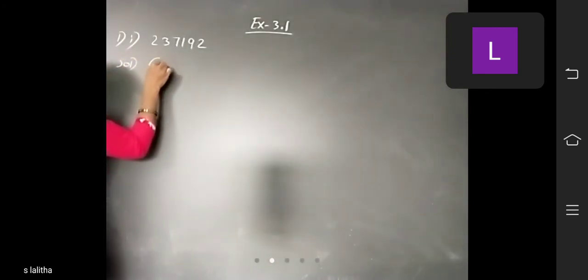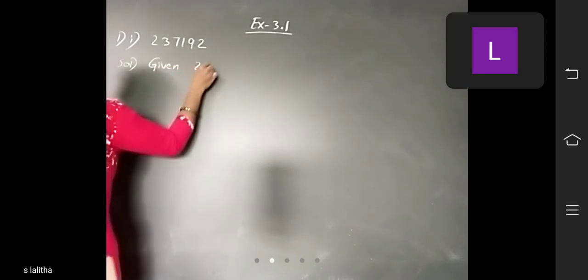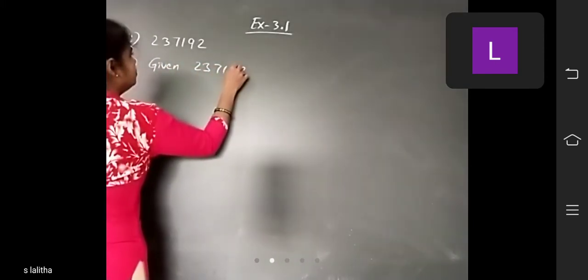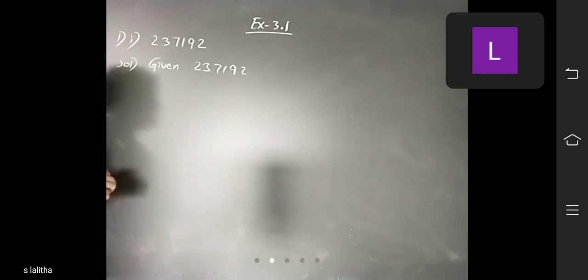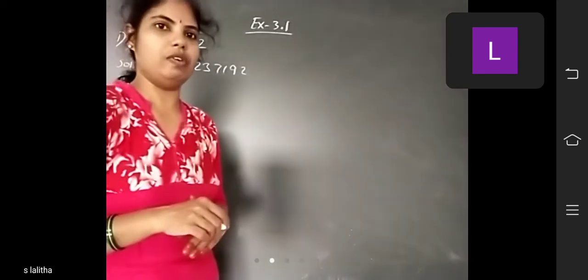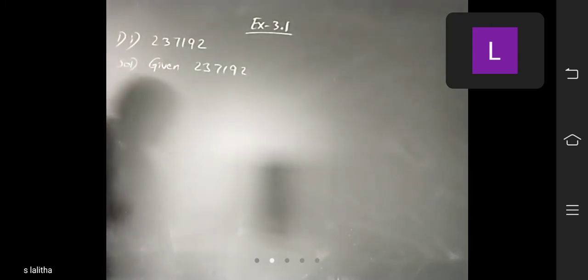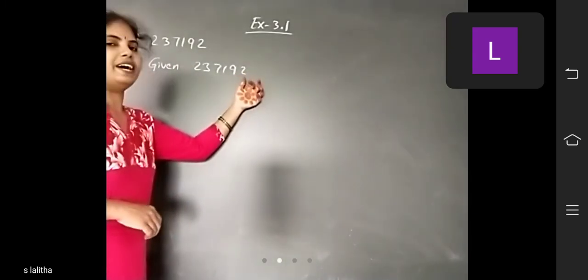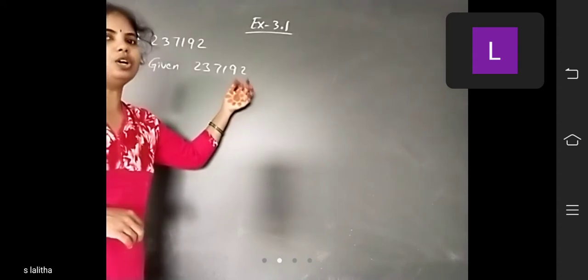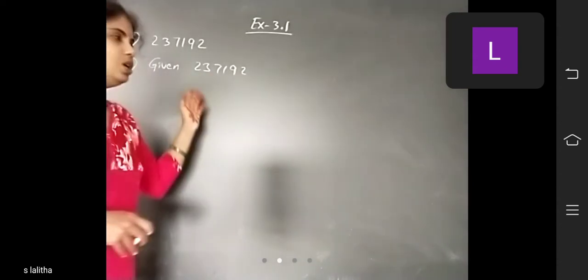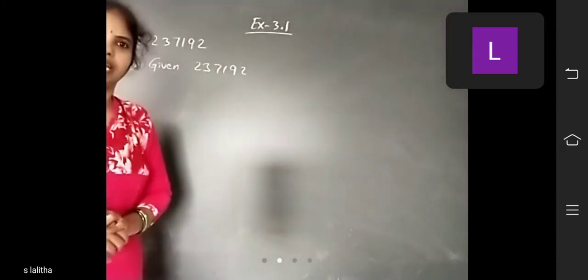Given 2,37,192. Now, is it divisible by 2 or not, children? Yes. Why? Because the ones place has 2. So 2 is divisible by 2. So therefore this number is divisible by 2.